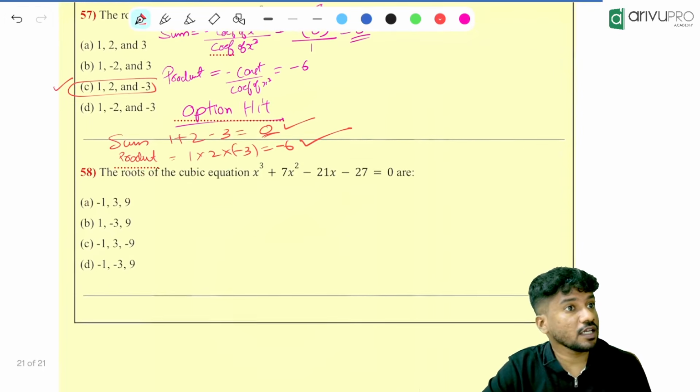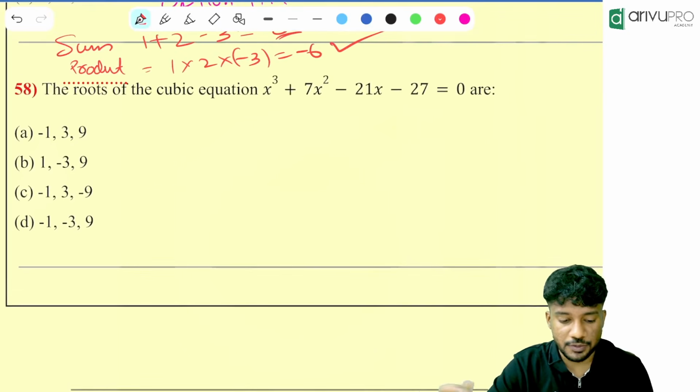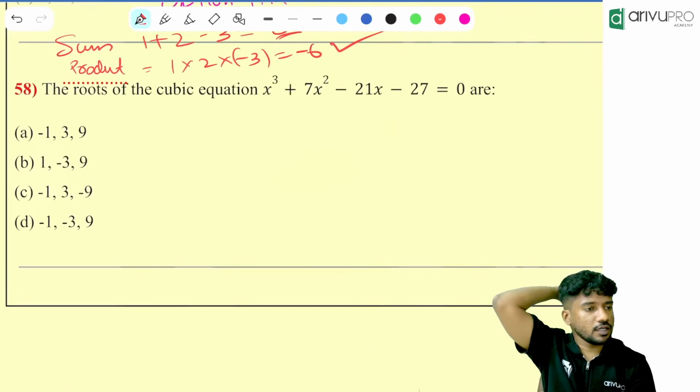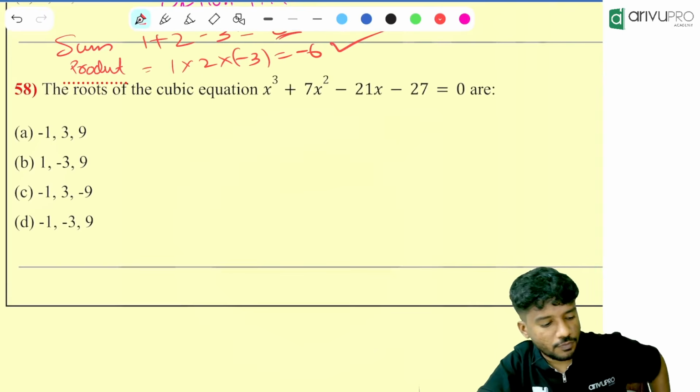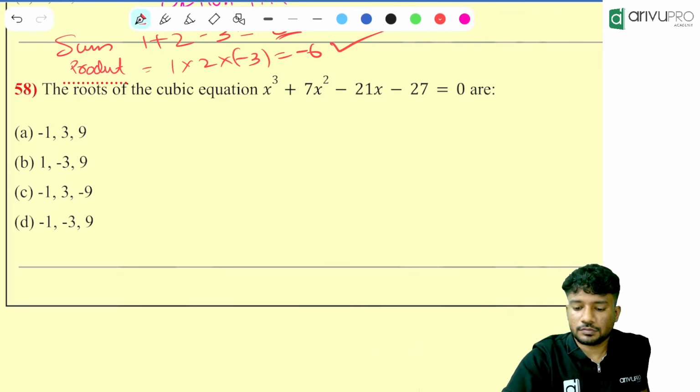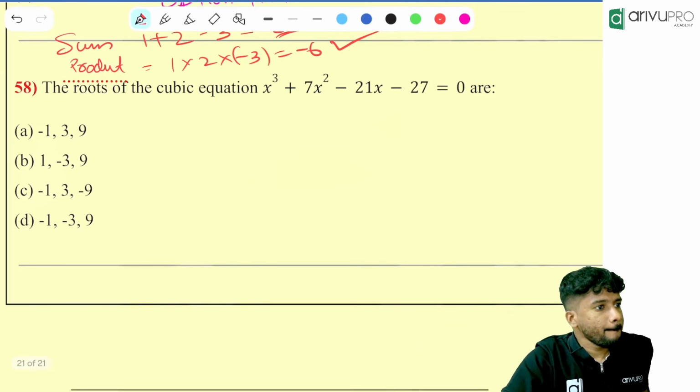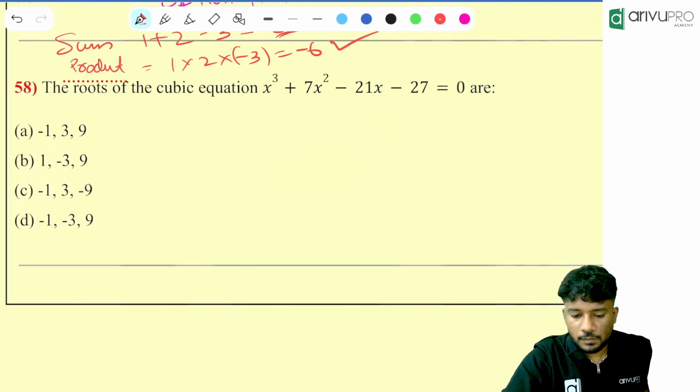And the final question from this particular chapter is right in front of you. Everyone, try it. C or B?